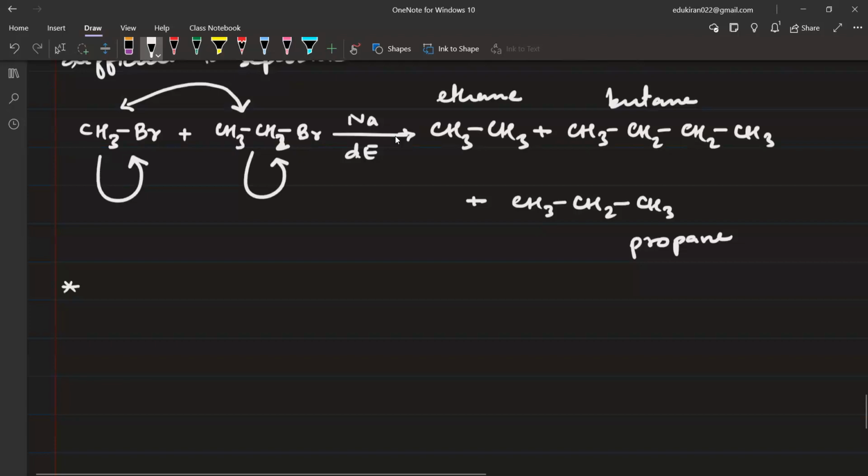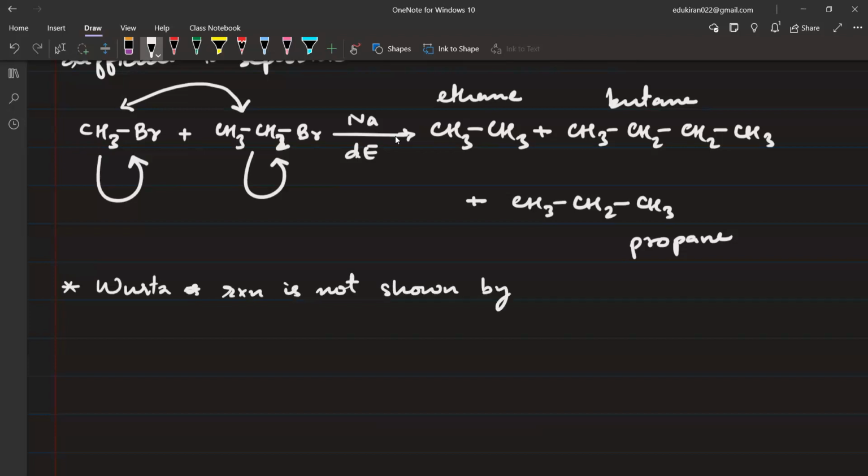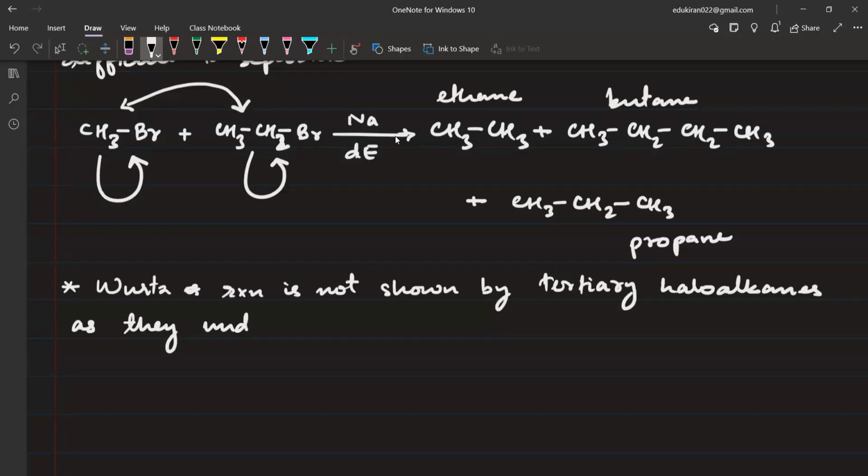After this, you will write the next point. Wood's reaction is not shown by tertiary haloalkanes, as they undergo elimination and form alkenes.